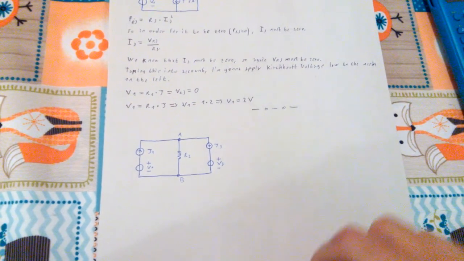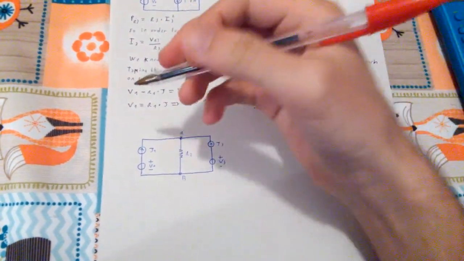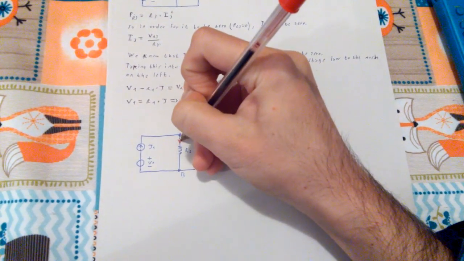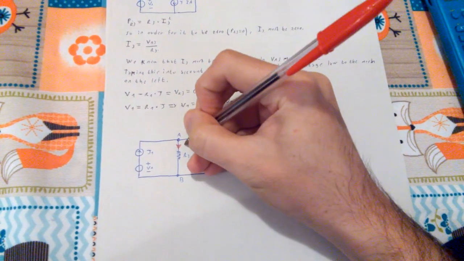And I'm going to call the current flowing here I2.